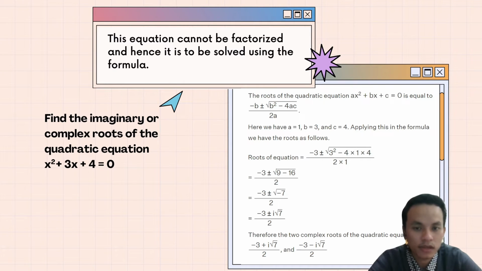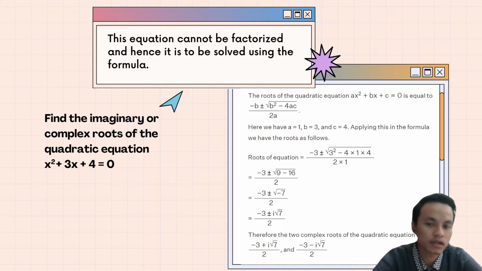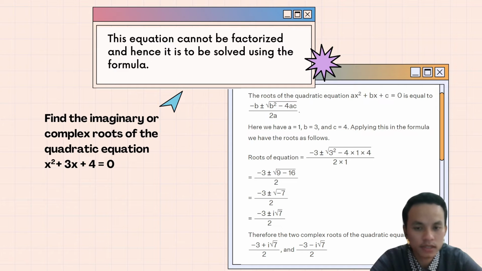The roots of the equation will be negative 3 plus minus square root of 3 squared minus 4 times 1 times 4, all over 2 times 1. So we will get negative 3 plus minus square root of negative 7, all over 2.